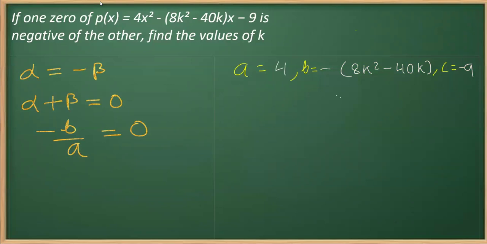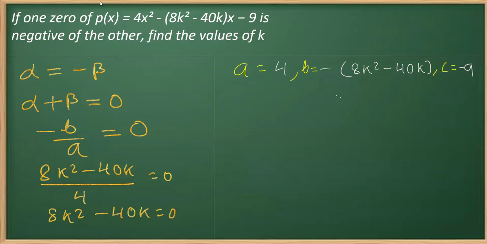So I'll simply write it as 8k square minus 40k by a, and as you can see, a is 4, is equal to 0. Now, if I transpose this 4 to the other side, it becomes 0. So we write 8k square minus 40k is equal to 0.